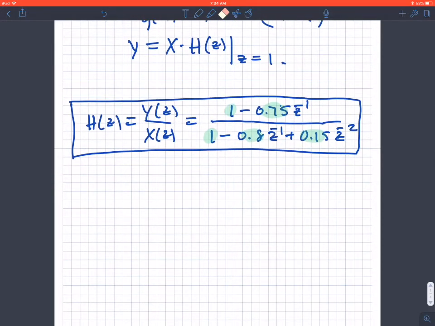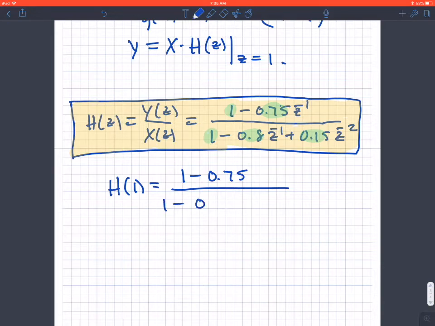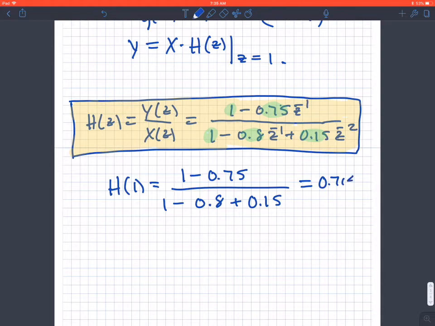All right, so I would have h of 1 is equal to 1 minus 0.75 divided by 1 minus 0.8 plus 0.15, and the answer I get for that is, hang on just a second, I got to recalculate that. I get 0.7143.